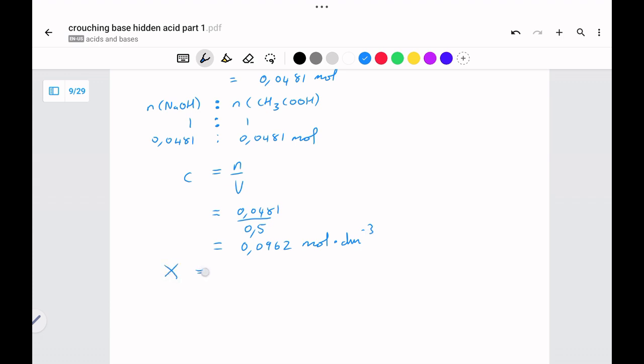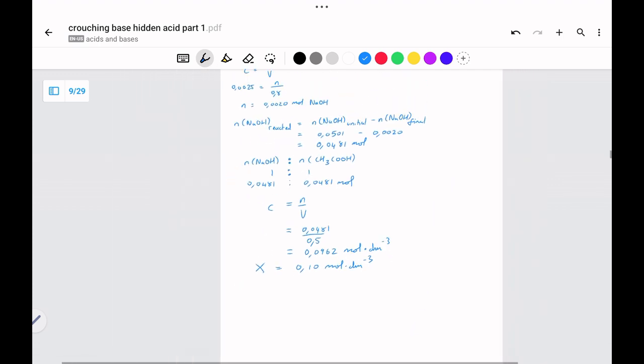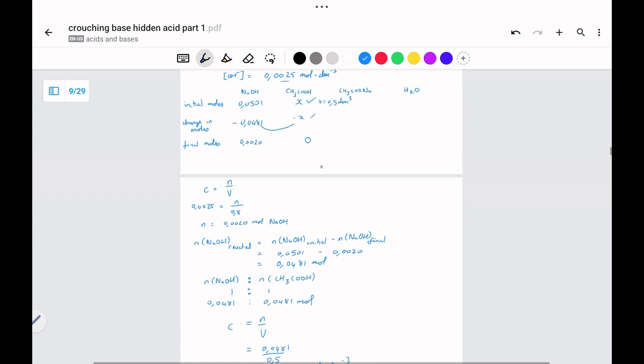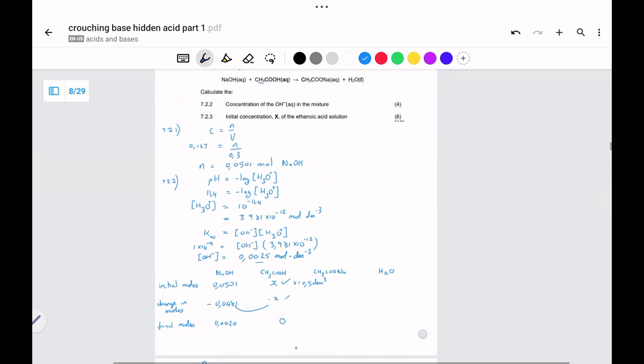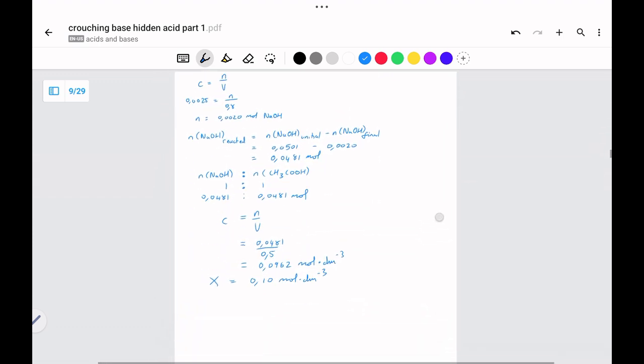To 2 decimal places, that is. Okay, done. Next problem.